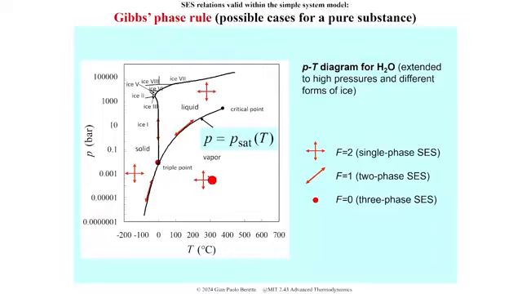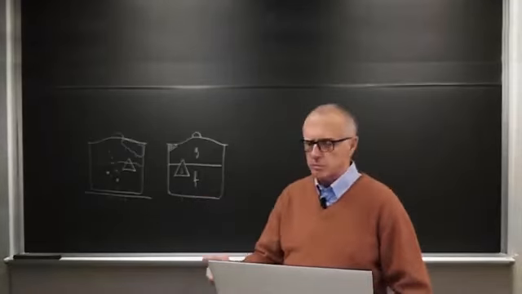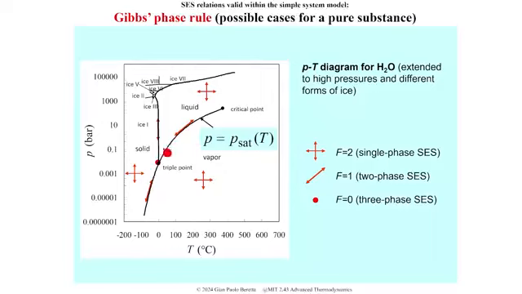So I have 2 directions in which I can move. That's the meaning of variance. Variance equals 2. Inside the liquid also the variance is 2, and also inside the solid. These are the homogeneous single-phase states.